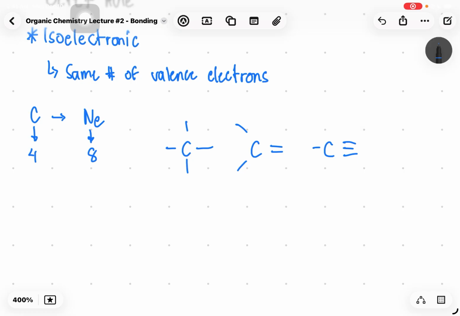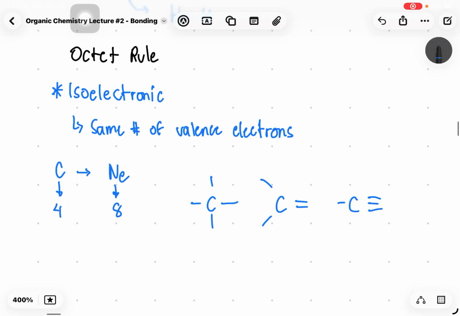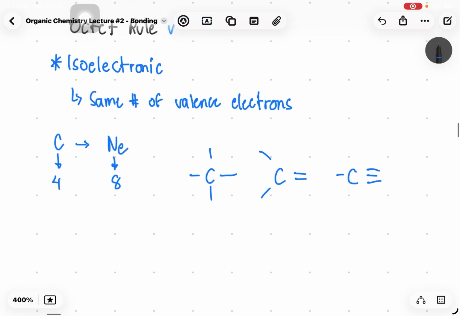And those 4 bonds contain the electrons that carbon needs to acquire a full valence shell to satisfy the octet rule. So basically, the octet rule means adding enough electrons for an atom to have 8 electrons around it.